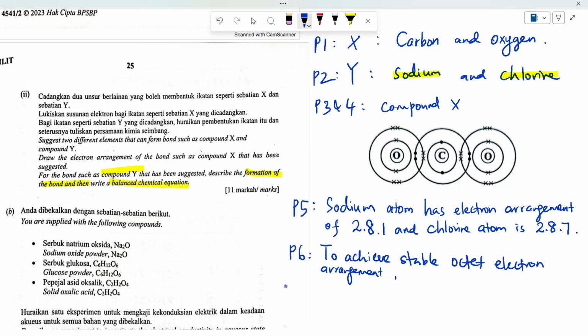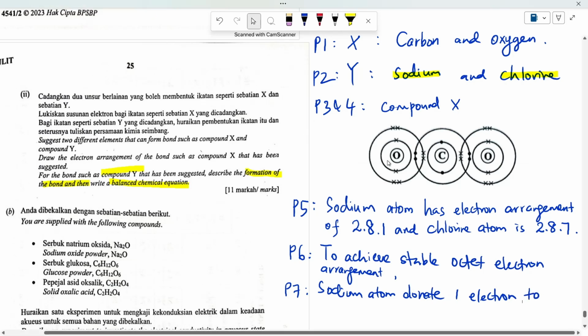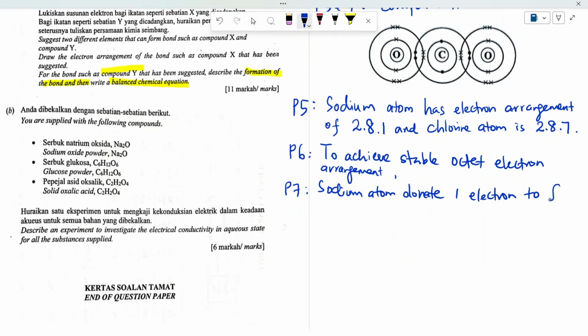Okay, and point 7. The sodium atom loses, or donates, how many electrons? 1 electron, to form sodium ions, Na+. This is also accepted as an equation.